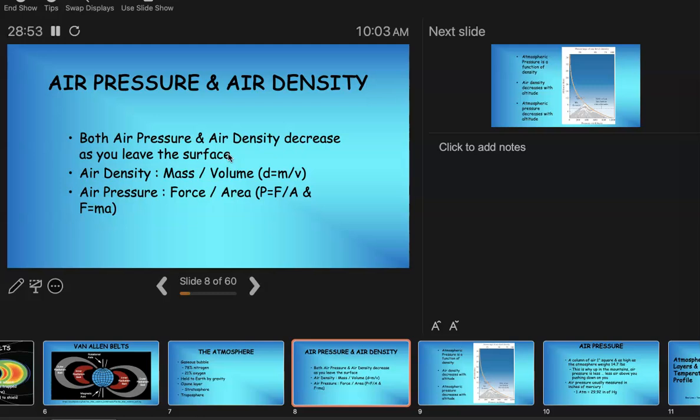So again, boil it all down into a multiple choice question: both air pressure and air density blank as you leave the surface. They decrease. If it were a short answer essay question, which we used to have some of, you'd have to explain a little bit more. But I'm letting you off the hook by doing that. I think that you get it.